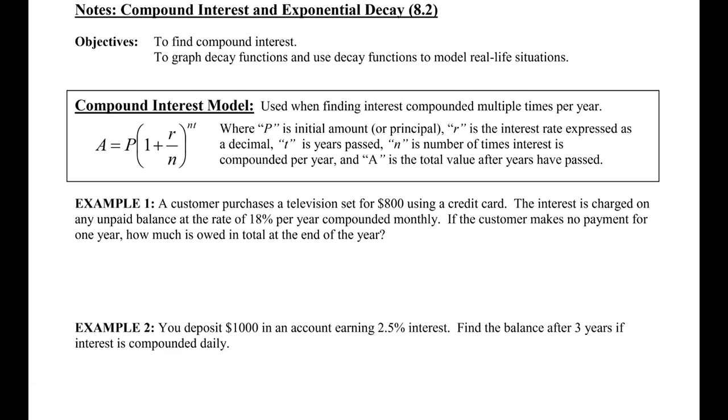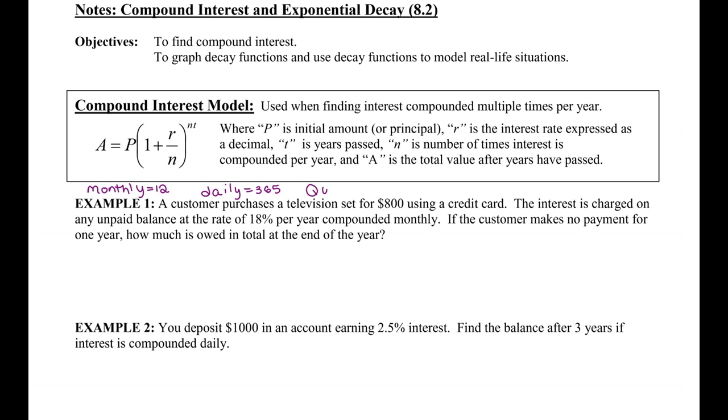In these problems, when trying to figure out what N equals, if something says that it is compounded monthly, that means it has been compounded 12 times a year. If it says it's compounded daily, it'll be compounded 365 times per year.